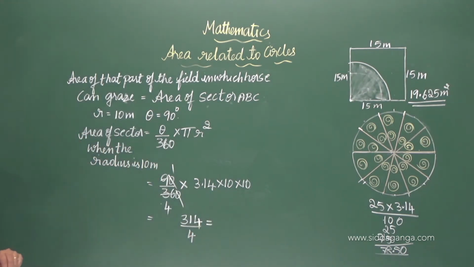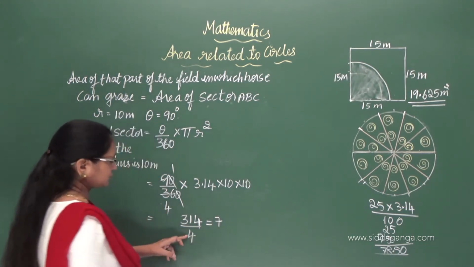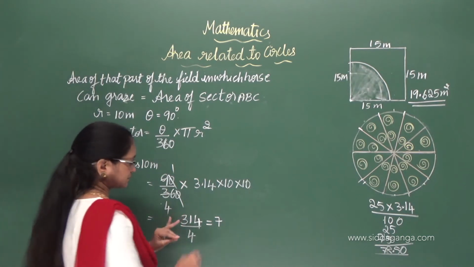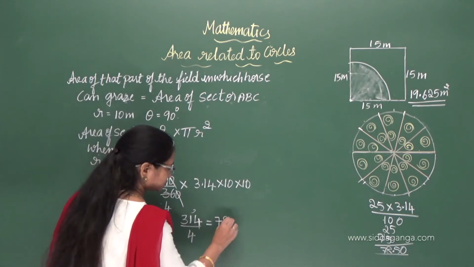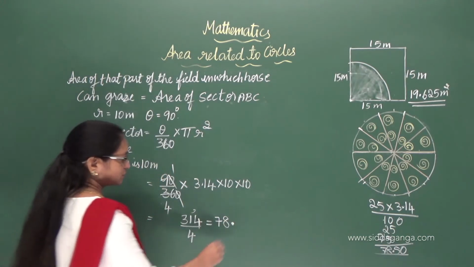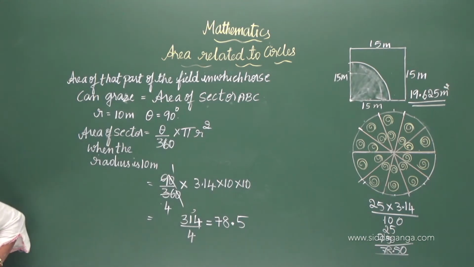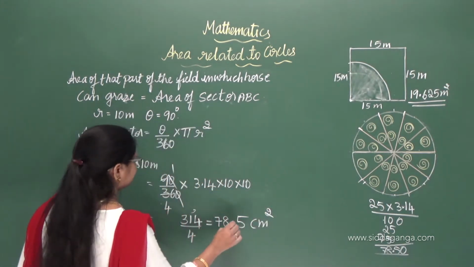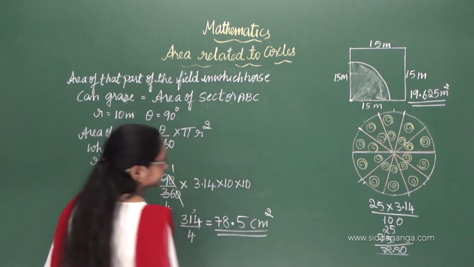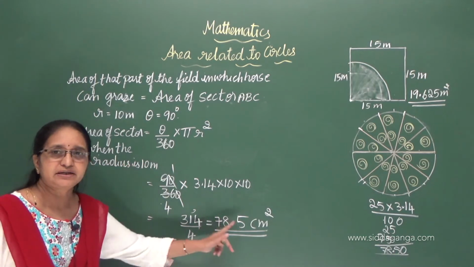So what is the answer? 4 sevens are 28, 4 eights are 32, then 2 remainder, 4 fives are 20. So 78.5 centimeter square, correct. 78.5 is the area of the sector when the radius is 10 meter.